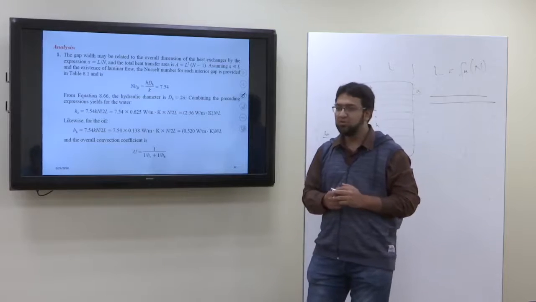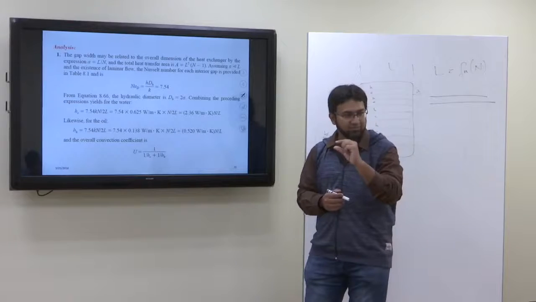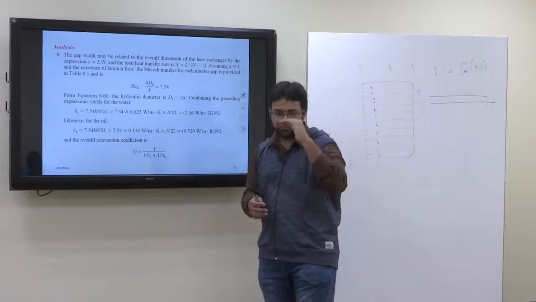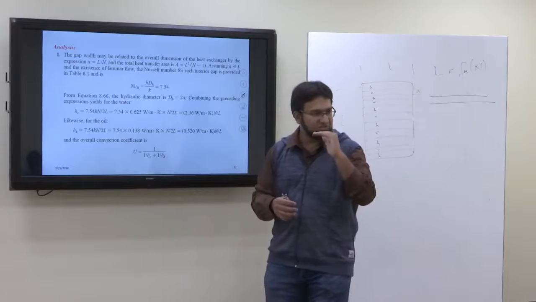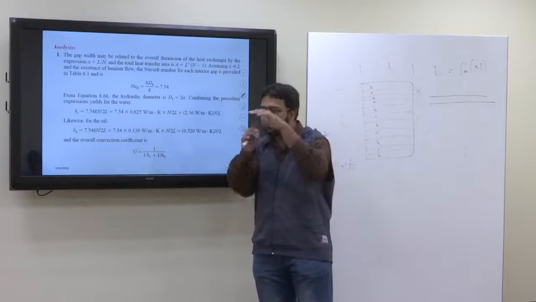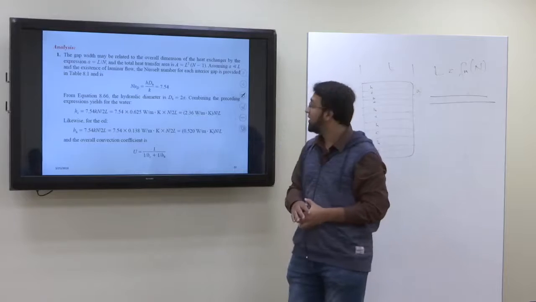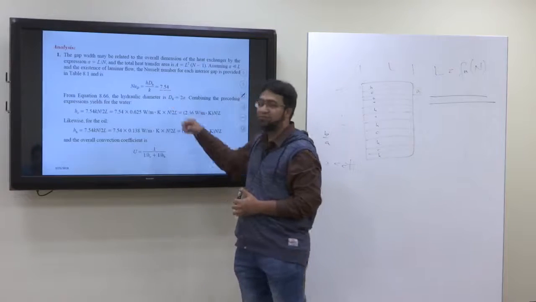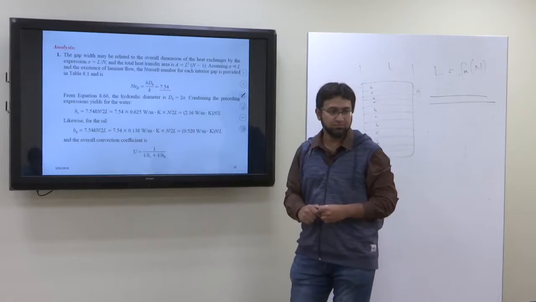Most of the time, when you have multiple small gaps and the flow is divided between them, the flow becomes laminar. So for that case, the Nusselt number is 7.54 directly from the table.